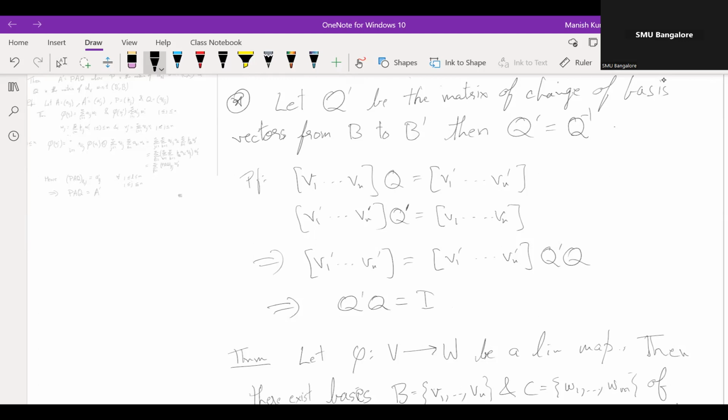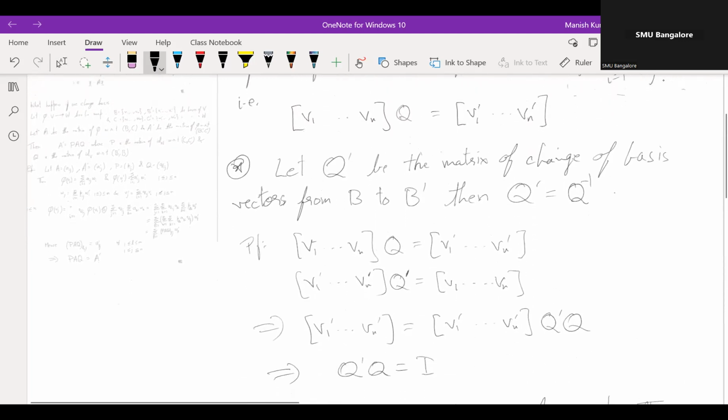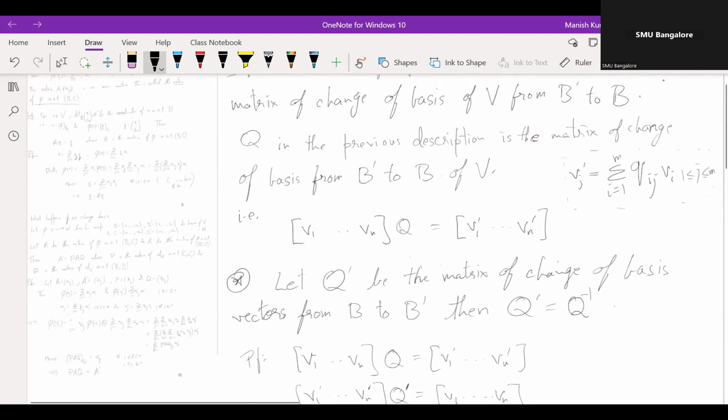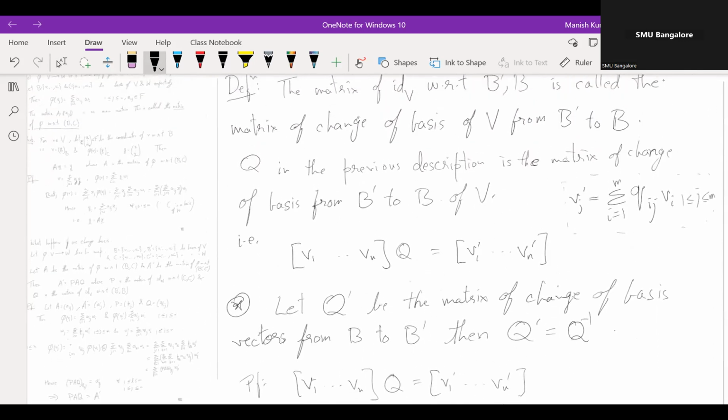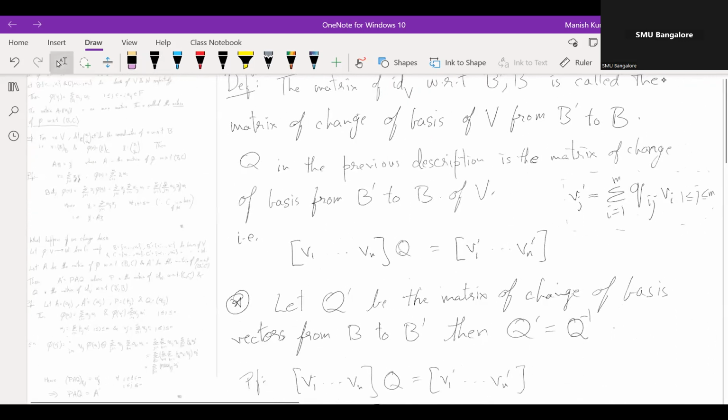So that tells you that Q prime times Q must be identity. Okay, so this is the symbolic way of seeing it. But instead you should use this formula. Vj prime is this in terms of Vi, and similarly the Vj's are in terms of Vi primes, but you have to use Qij primes here.